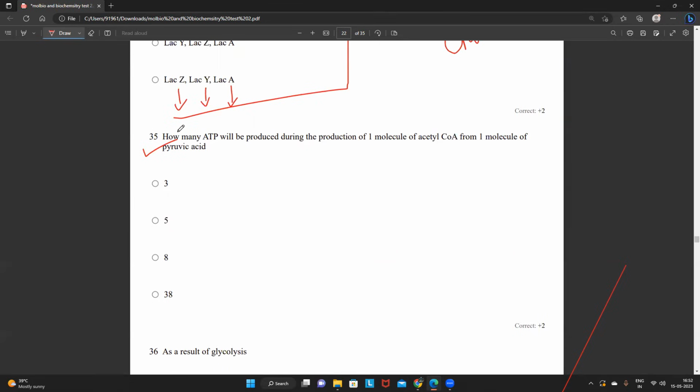First, every one of you answer how many ATP we will get. See, friends, what is the question they have asked? When pyruvate is converted into acetyl-CoA. What is the name of this particular process, the conversion of pyruvate into acetyl-CoA?